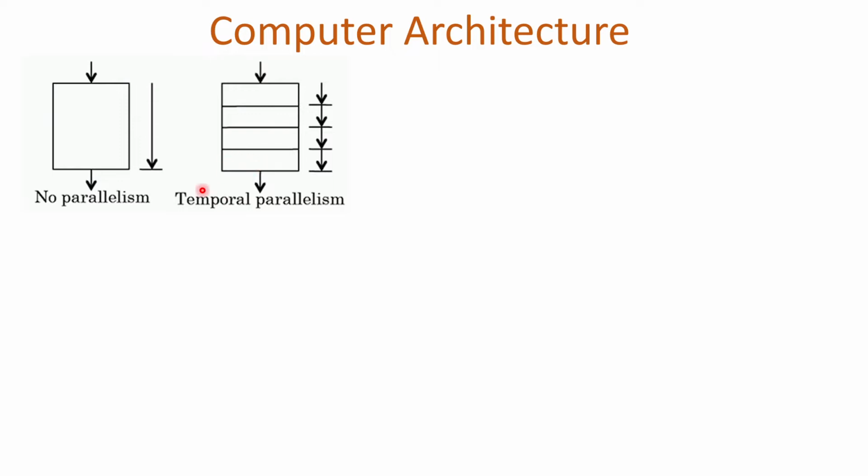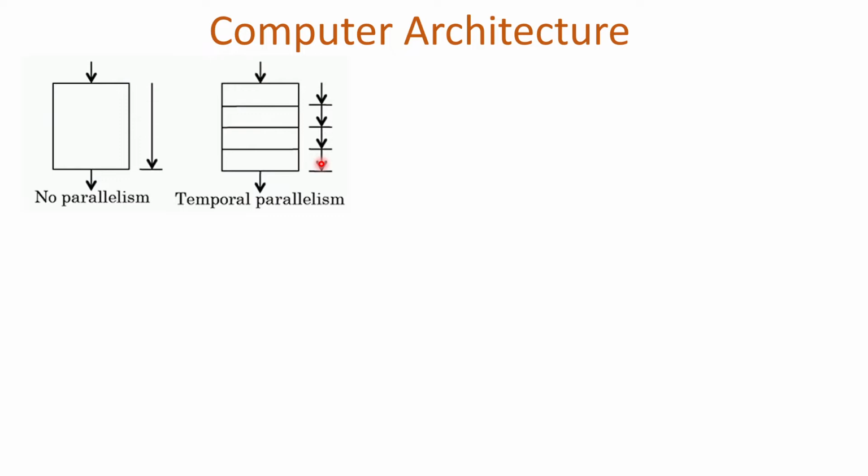So naturally, from this diagram, at a time there will be 4 instructions running in different stages in the pipelining, which can be considered as temporal parallelism. Temporal in the sense with respect to time, because we are sharing the same time for different instructions in different stages.